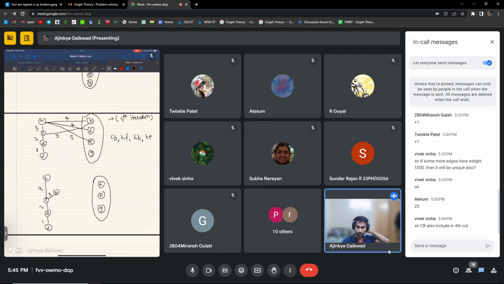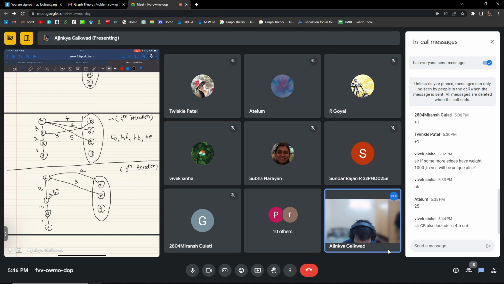Okay, so let's see what the cross edges are for this fifth iteration. Let me see the graph. So I have HE as a cross edge, which is of weight 5. Then I have HF, which is of weight 4.